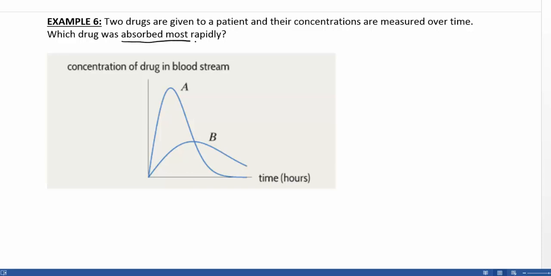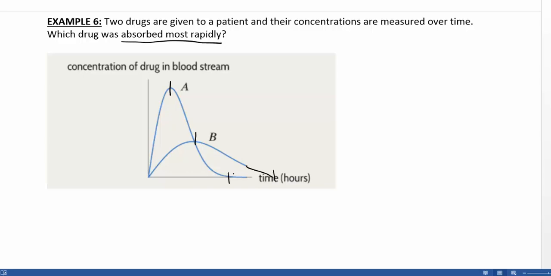So the way that we figure out absorption is we want to figure out, 1, which drug peaks the fastest. That means it's reached its maximum concentration. But we also want to look at when these drugs actually finish running their course and get out of the body. So in this case, we can see that drug A reaches its peak faster, and then it also finishes its own course faster.